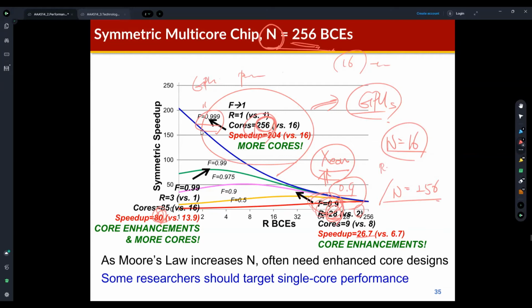So for example, this is the GPU, and this is the Xeon. So the processor vendors developed some new cores or new architectures based on these assumptions. Okay.